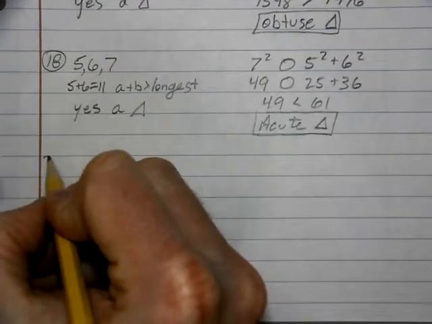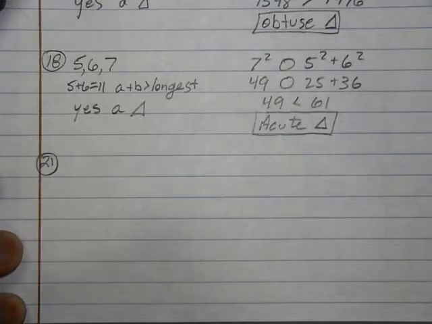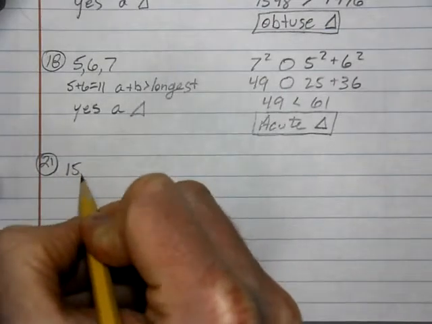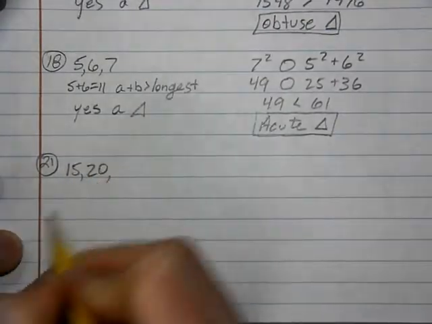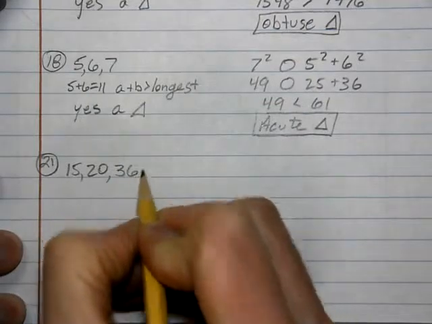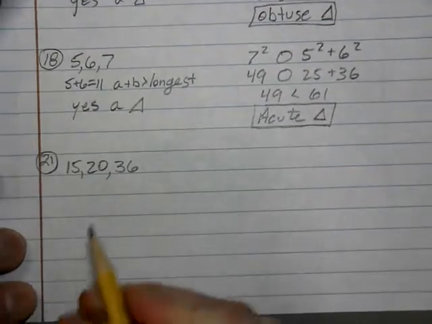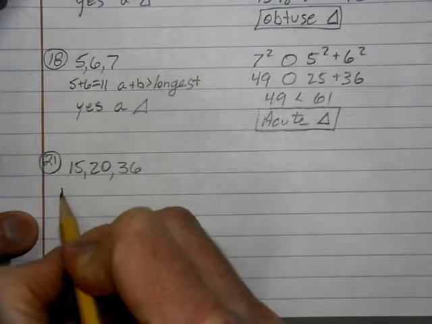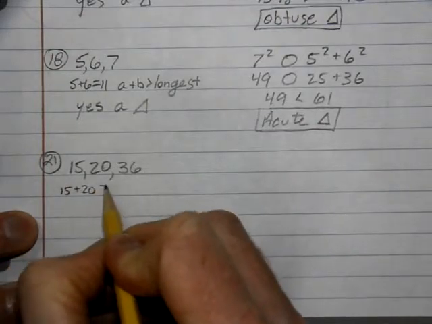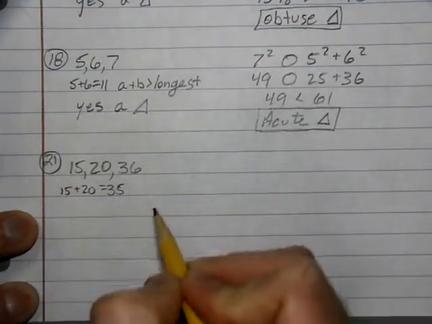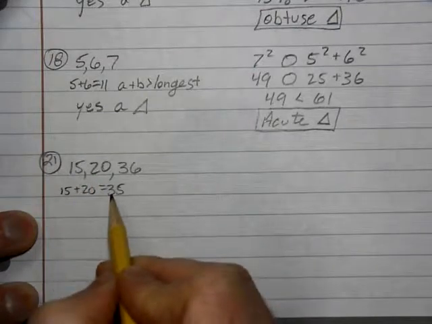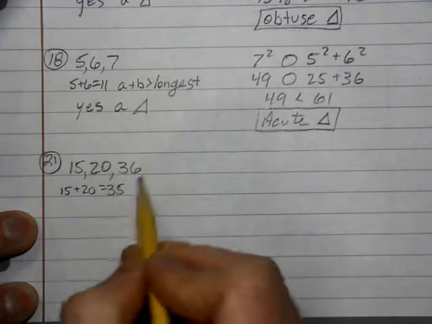With 21, that's the length 15, 20, and 36. So I can test that out as 15 plus 20, which equals 35. This time the two smaller sides are not bigger than the longest.